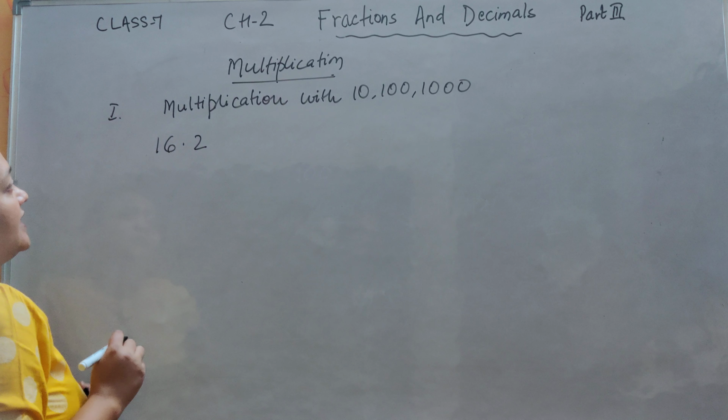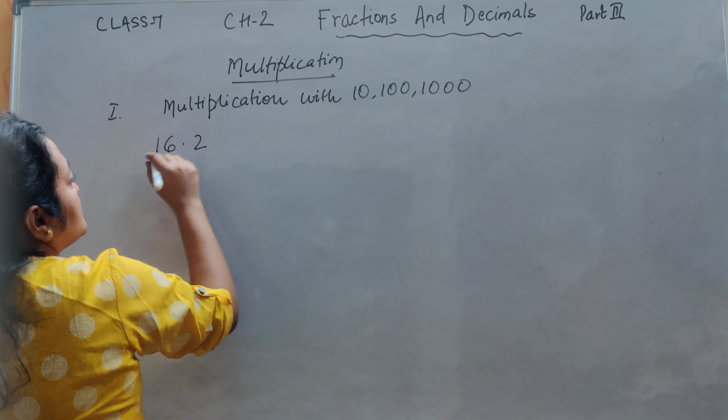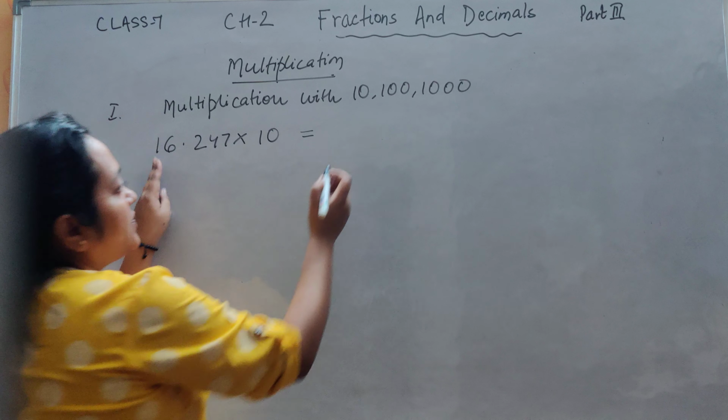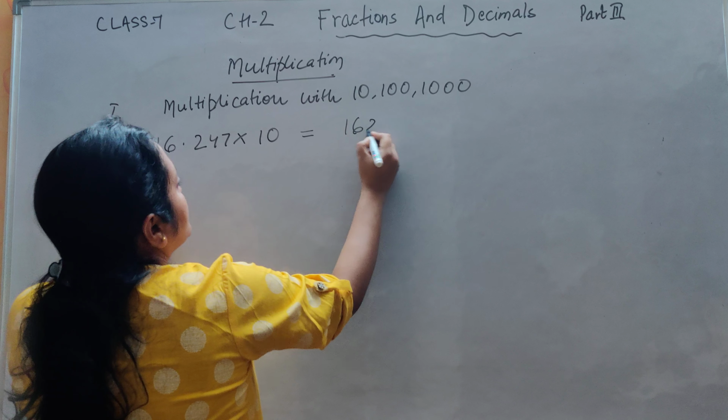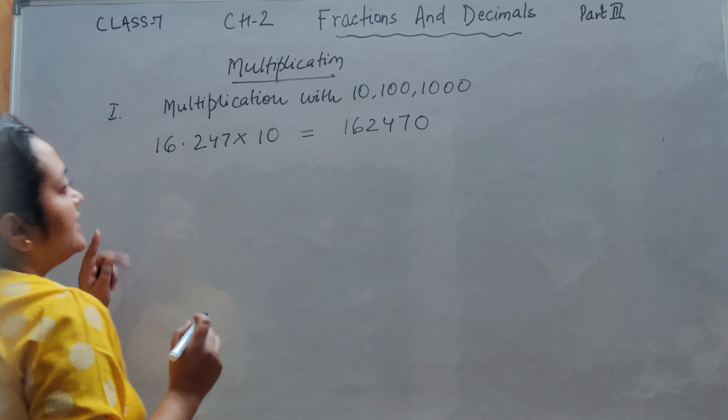Suppose I have the number 16.247 and I first multiply it with 10. What will happen? First of all, I will multiply 16247 without the decimal with 10. What do I get? I get 162470.